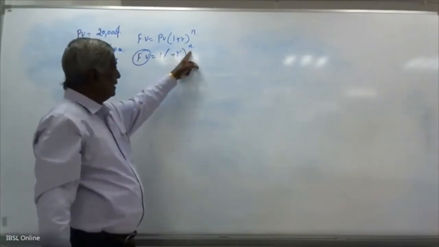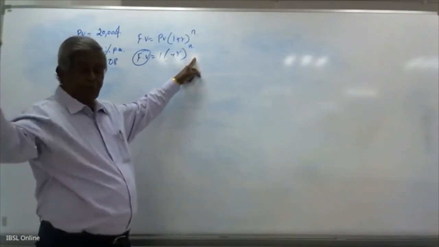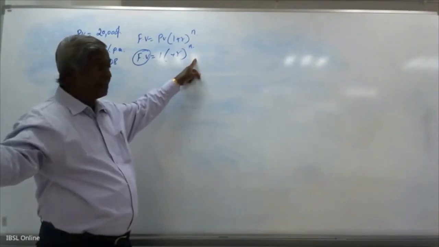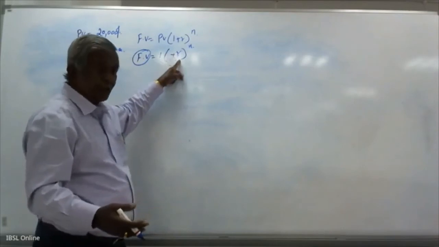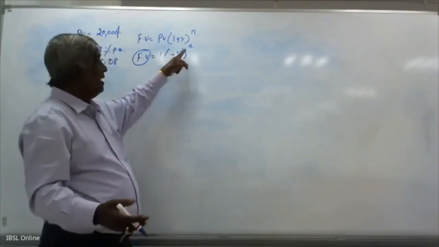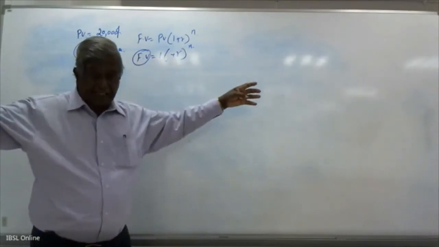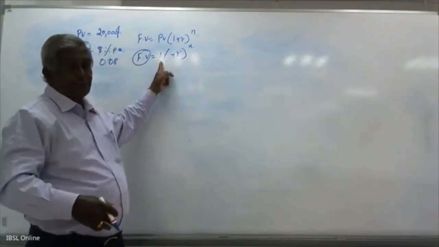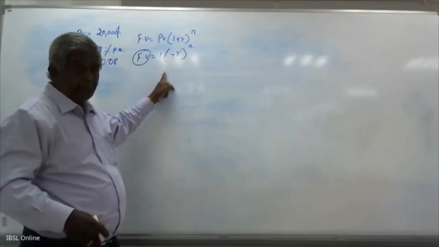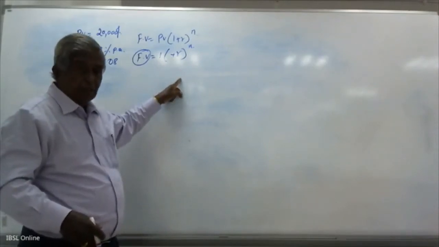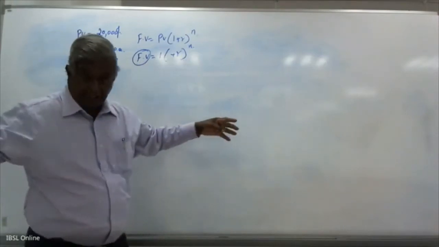Similarly, for 1 year, 2 years, 3 years, 5 years, 10 years, or 20 years, you get various future values. So for present 1 rupee, for various interest rates and various periods, the future value will vary.